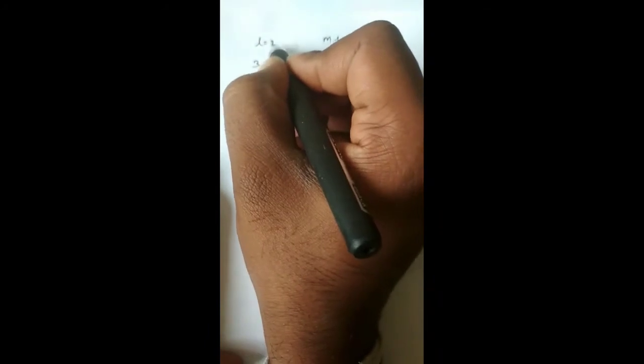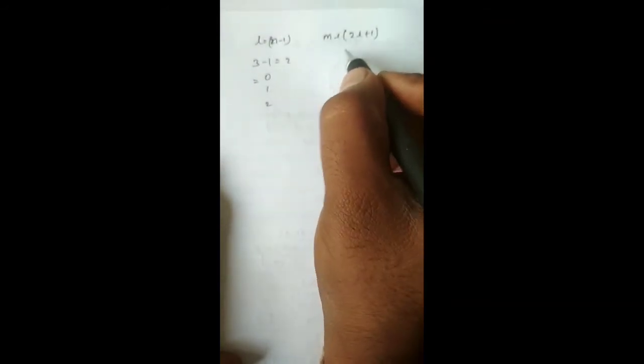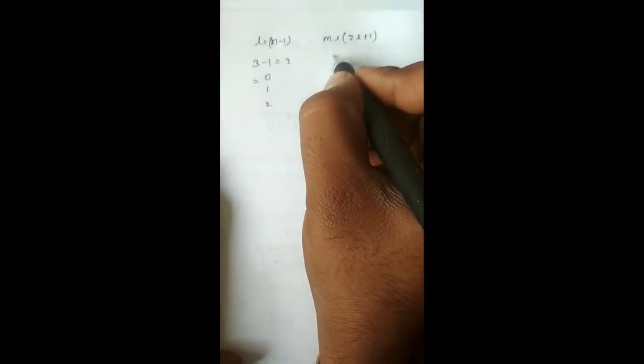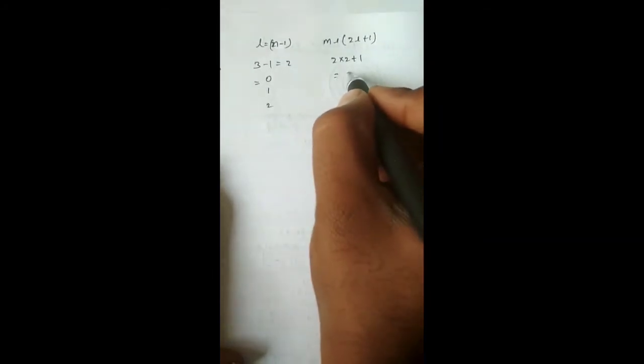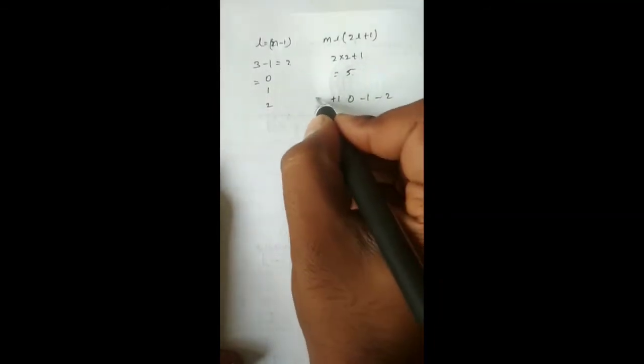For ml, the formula is 2l plus 1. 2 into 2 plus 1 becomes 5. 5 means 0, minus 1, minus 2, plus 1, plus 2.